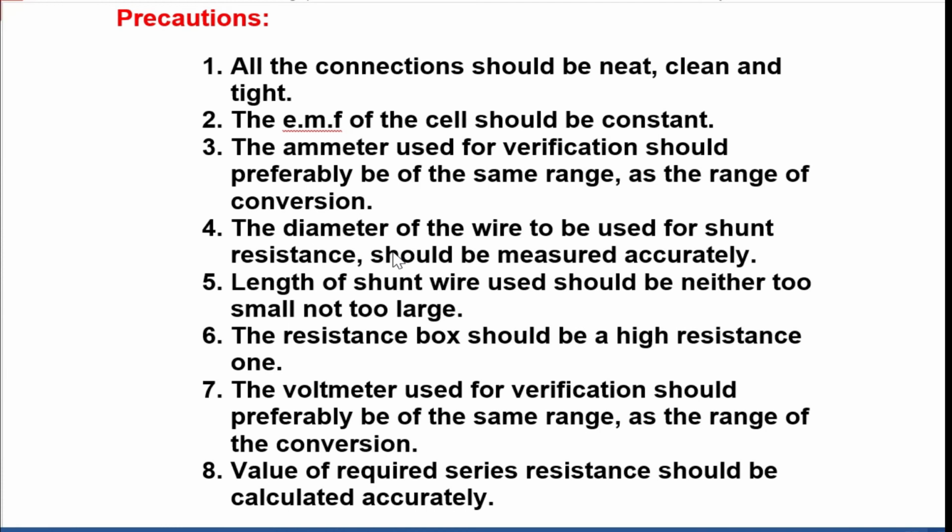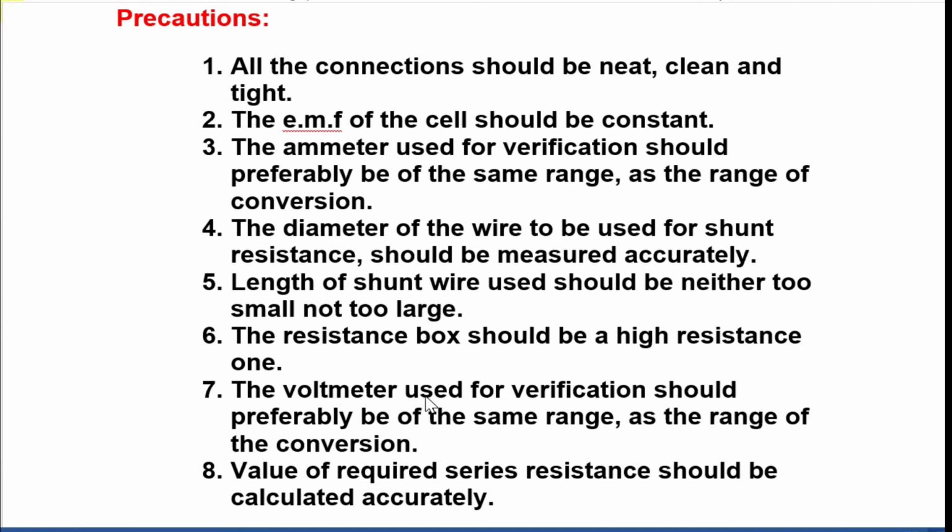All the connections should be neat, clean and tight. The EMF of the cell should be constant. The ammeter used for verification should preferably be of the same range as the range of conversion. The diameter of the wire to be used for a shunt resistance should be measured accurately.